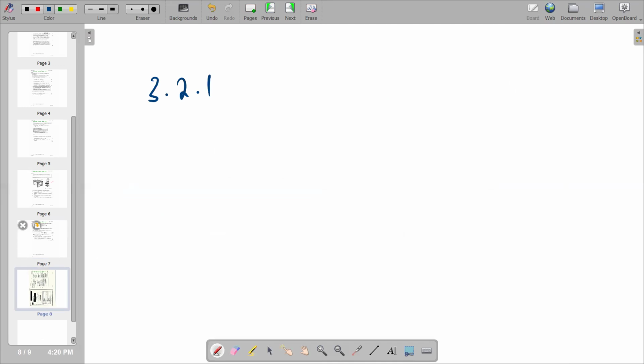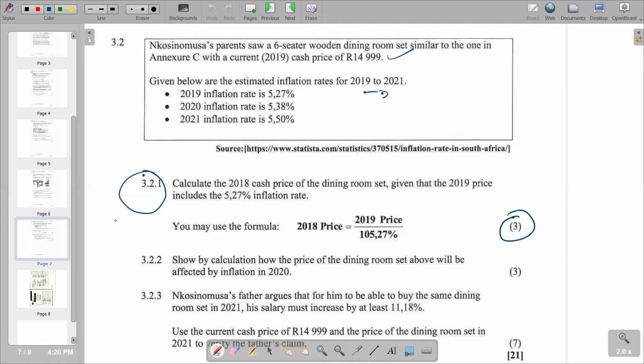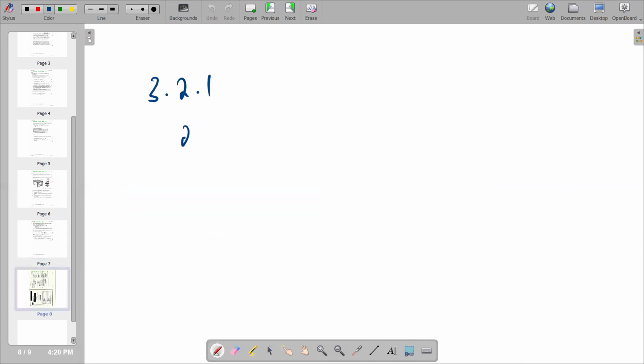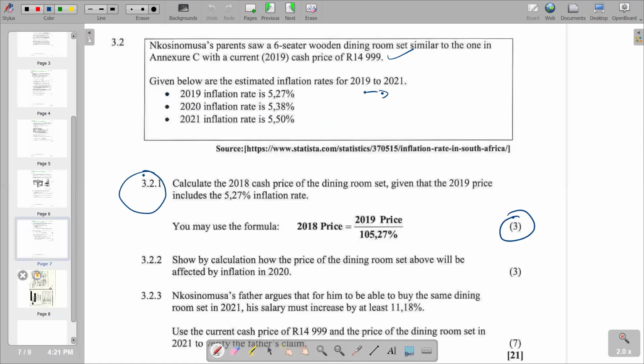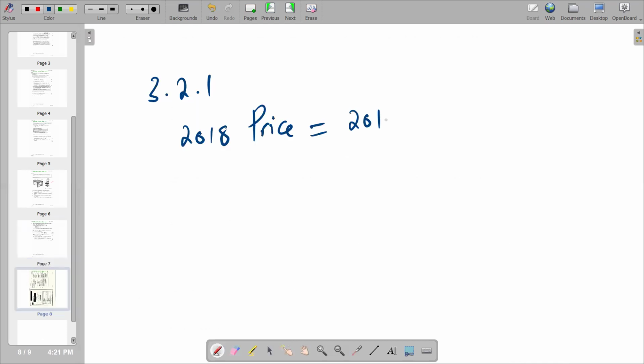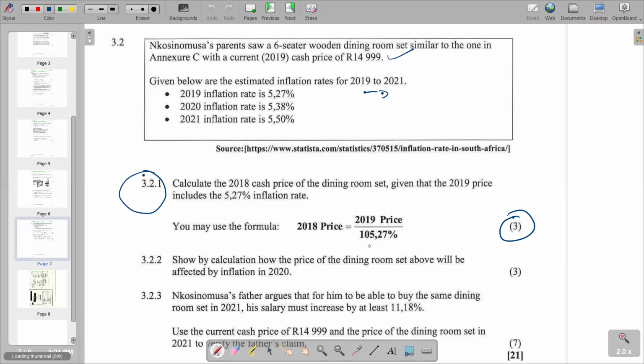So in the answer section on 3.2.1, we start by putting down our formula: 2018 price equal to 2019 price divided by, that is over, 105.27%.